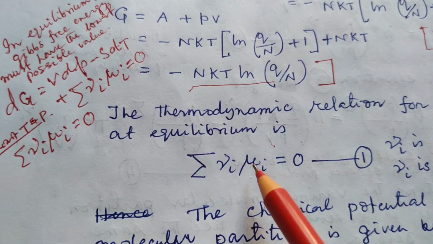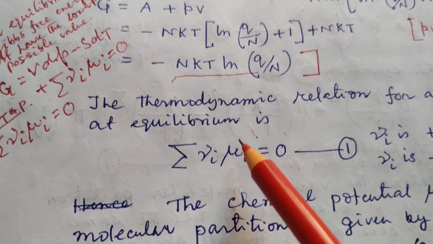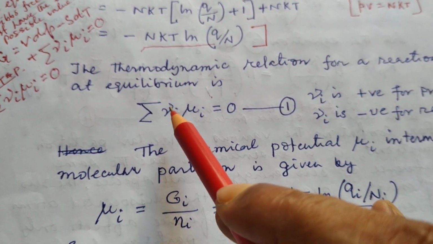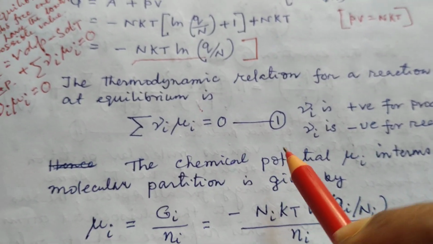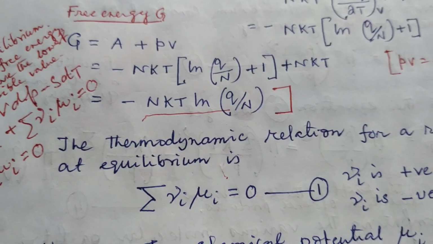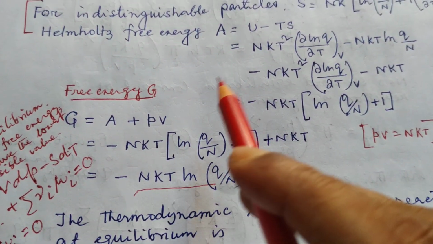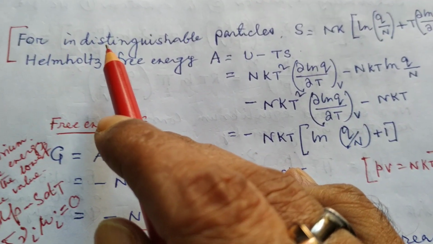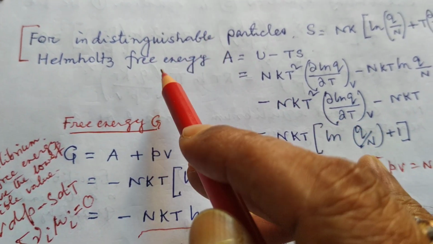Since this relation involves chemical potential, we have to find the expression for the chemical potential mu_i in terms of the molecular partition function. How can this expression be obtained? We know that in ideal gases, the molecules are indistinguishable.